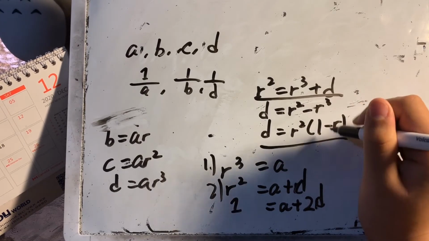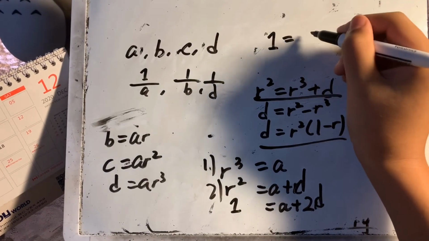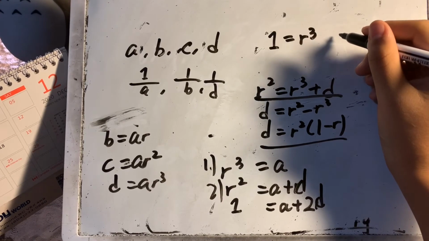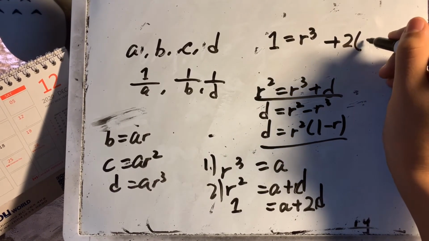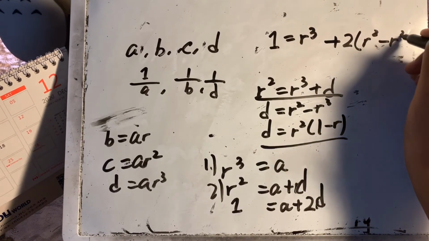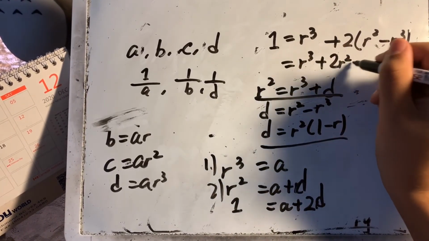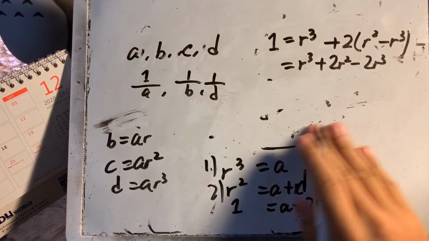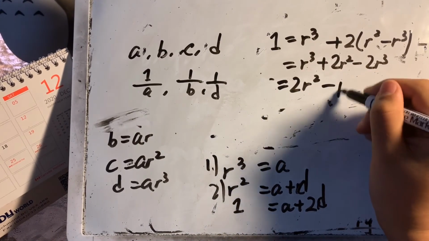And we can get this one also. So this means we can then draw a conclusion that A is equal to this, plus 2r squared minus r cubed. Then we can draw a conclusion that r squared is equal to r cubed.